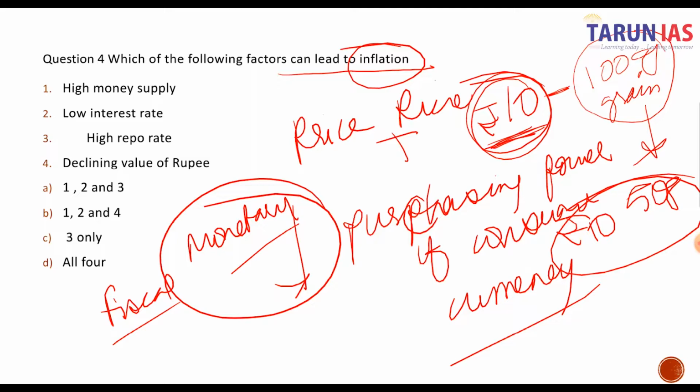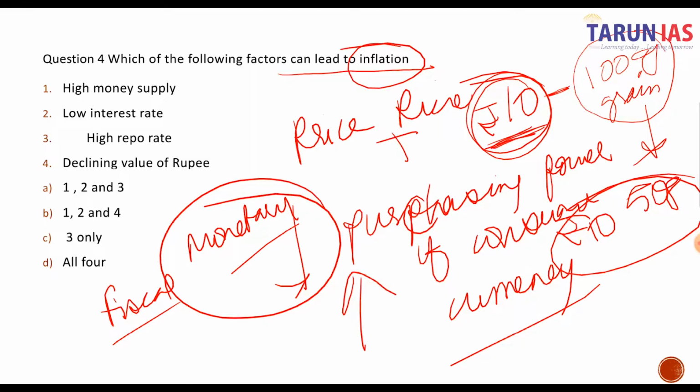And how can the interest at which the bank provides loan be regulated? By regulating the repo rate, right? So therefore the RBI will increase the repo rate.